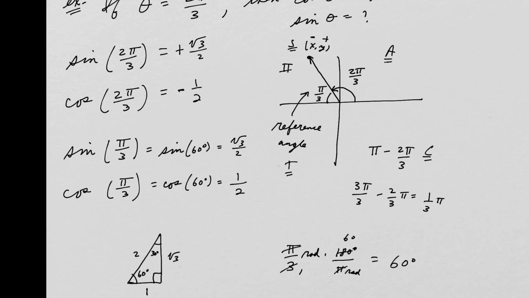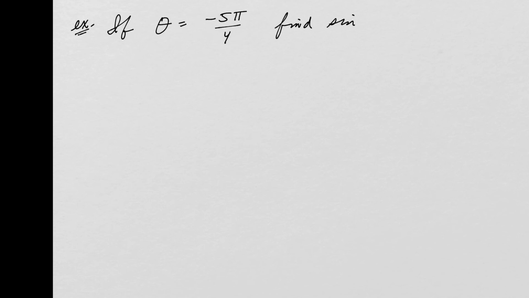Okay, let's do another one here. So let's say if theta equals negative 5 pi over 4, find sine of theta and cosine of theta.